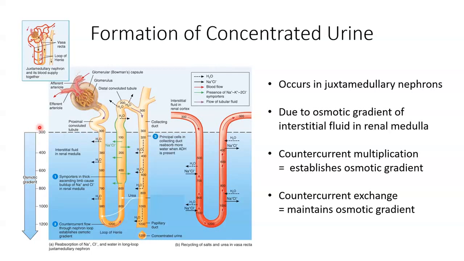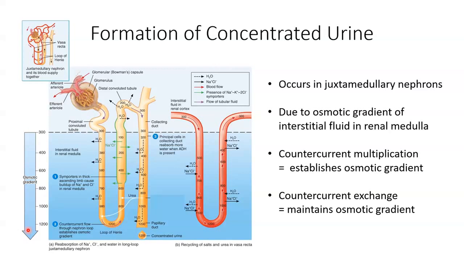The first thing I want to point out in this image is you'll see how this blue of the interstitial fluid of the renal medulla gets darker the deeper it goes down into the kidney. What this is trying to represent is the osmolarity or the concentration of the interstitial fluid. And the deeper you go down into that renal medulla, the more concentrated that interstitial fluid.